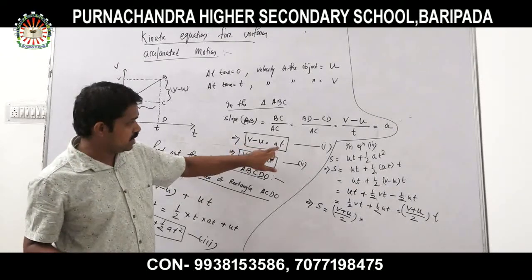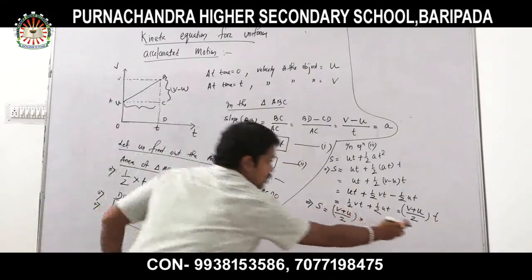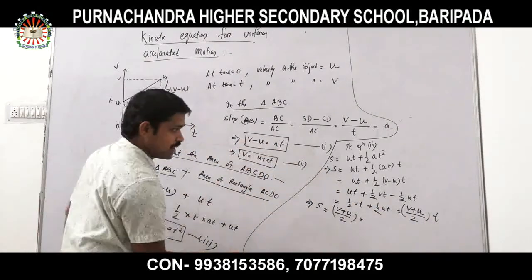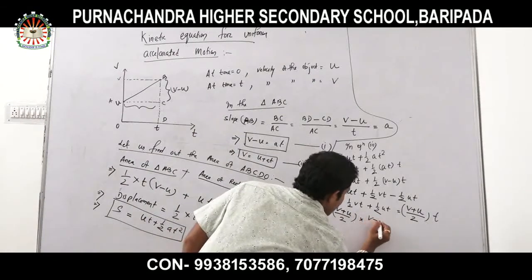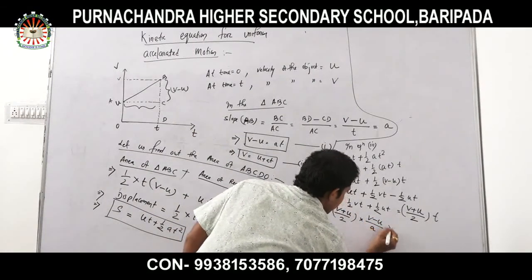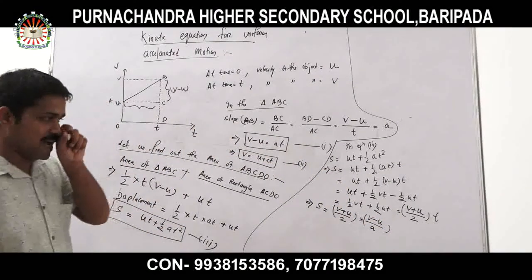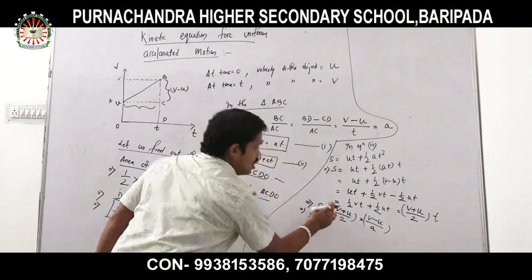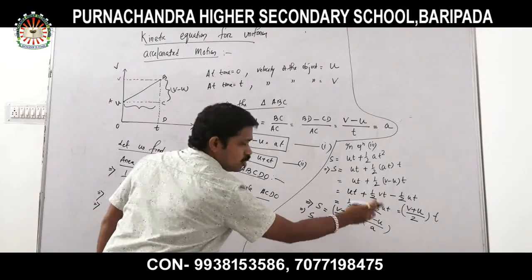In place of T I have to put this value, so let us put V minus U divided by A.